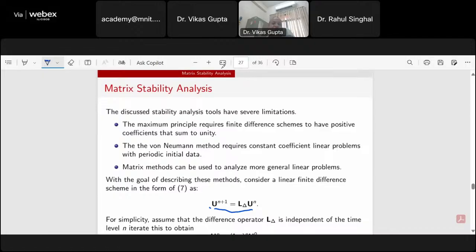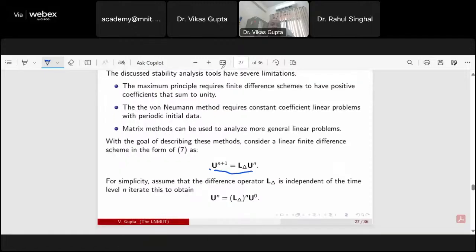For simplicity, we assume that the difference operator L_delta, which is a matrix in our case, is independent of the time level n. So we can iterate this scheme, because u^n equals L_delta u^(n-1). Iterating n times, we get u^n equal to the nth power of L_delta times u^0, where u^0 is the initial vector corresponding to the initial condition defined at the initial time level.